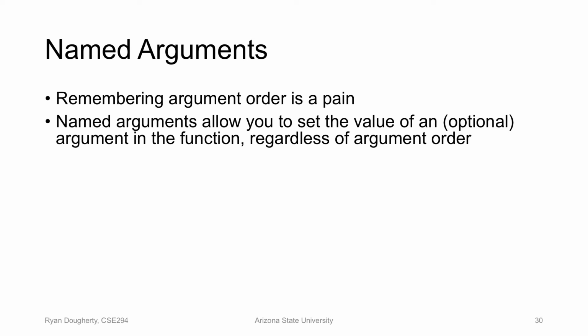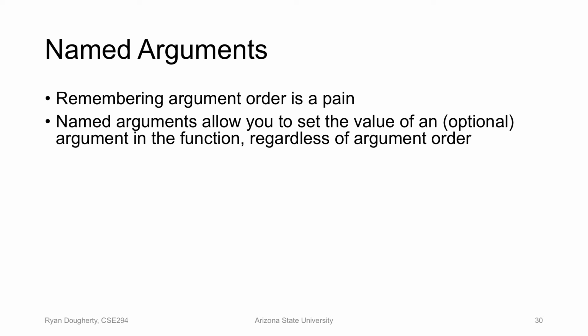So what you do is, in the actual implementation of the function, in the argument list, you write as an optional argument the name of a variable equals some default value, right? And so if you just call the function normally without any named arguments, it'll be assigned that default value.